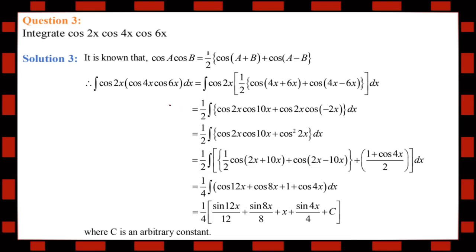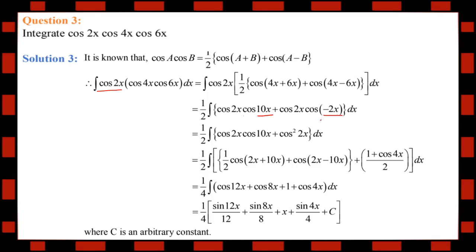Next, cos 2x cos 4x cos 6x. Cos 2x we are keeping as it is, and then here we are applying the property of cos a cos b, rather 2 cos a cos b. So we are taking 2 to the right side, it will become 1 by 2, and this is cos(a plus b) plus cos(a minus b). Here we are getting cos 2x as it is, cos of 4x plus 6x, which is 10x, and cos of 4x minus 6x, which is minus 2x.